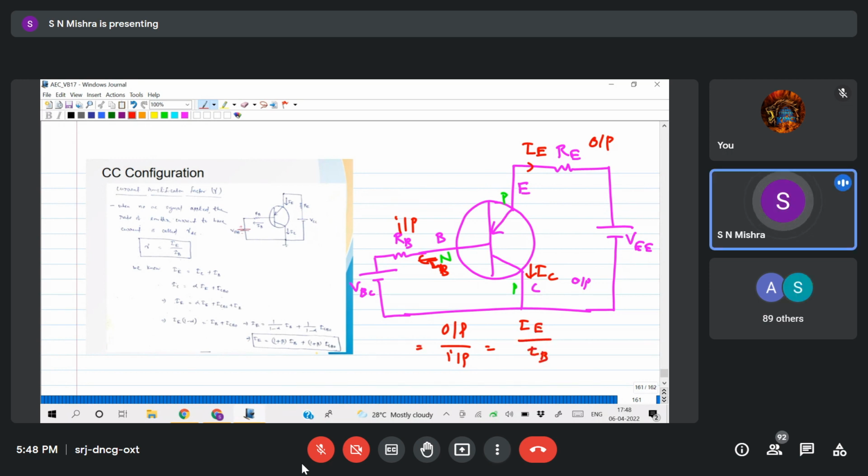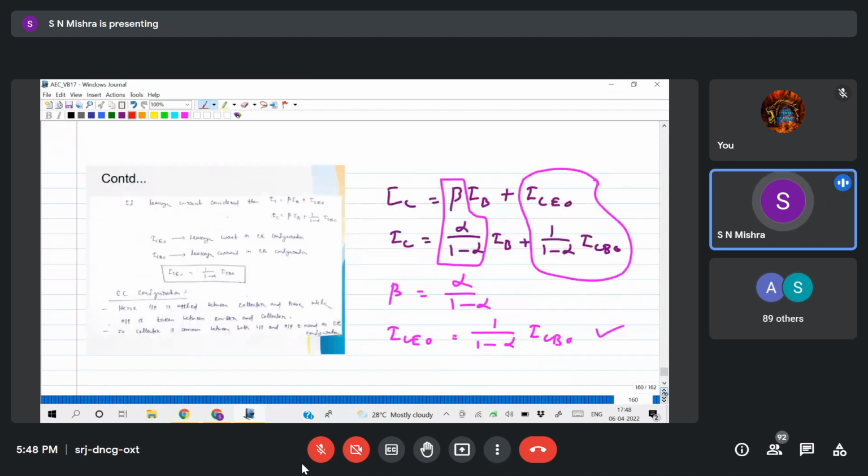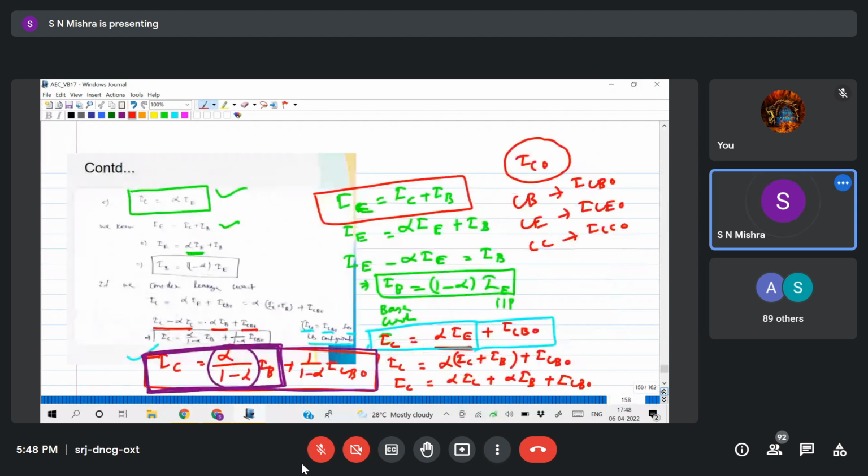Okay. So alpha is for common base, beta is for common emitter, so gamma is the current amplification factor for common collector configuration. So gamma equals IE by IB. If you cross multiply, you will get IE equals gamma IB. So from first to last, what I have explained is output in terms of input.